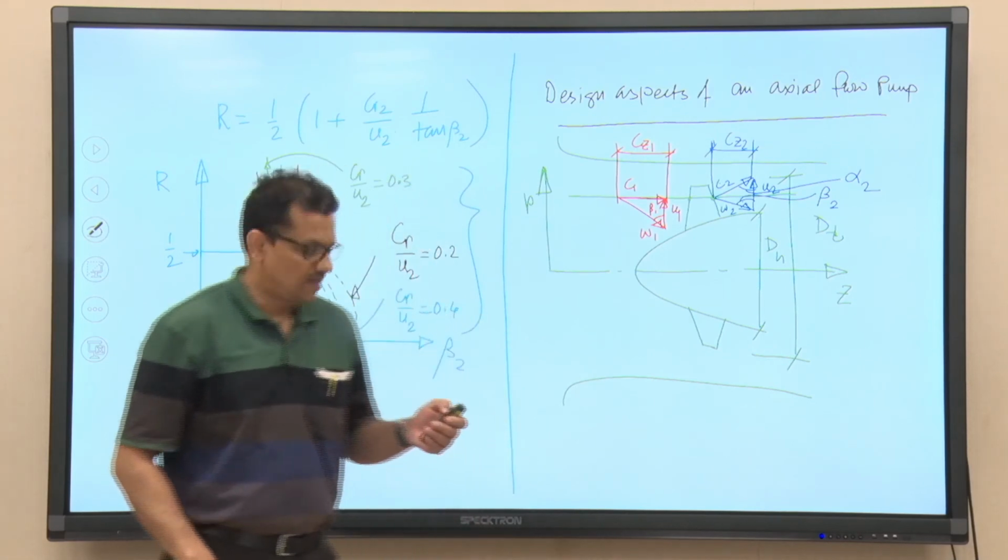For the time being, we shall discuss later, there is another important term that is called specific speed, but for the time being one is flow rate Q and other is head H. So, these are given.